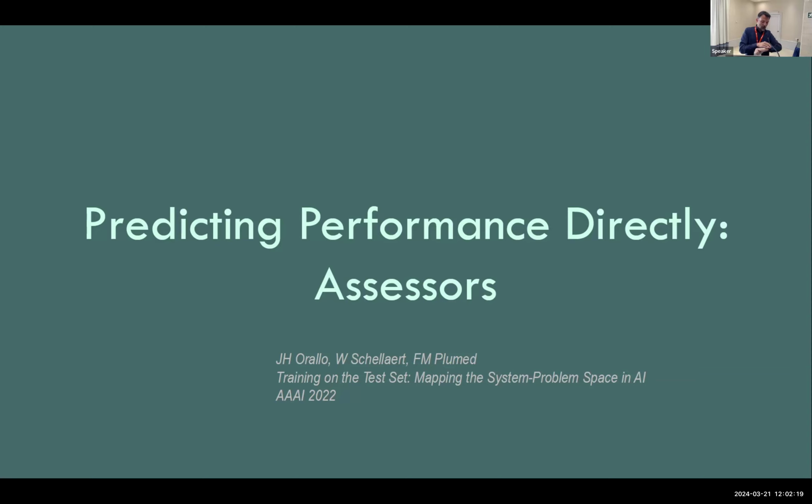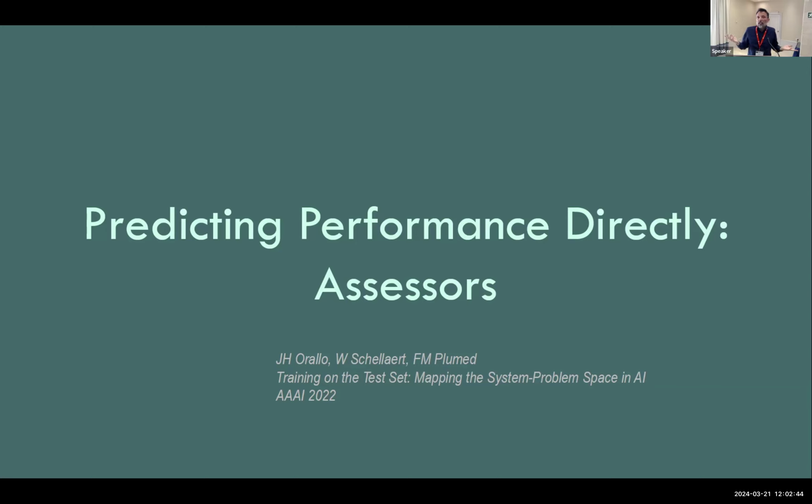Can we just say, build a model that maps from the results? This is a set of instances with all the features. It can be images, it can be text, it can be whatever you like, it can be multimodal. You do that and you have the output. Can I just build a model of that? That's what we call an assessor, which is basically a model that predicts performance at the instance level.